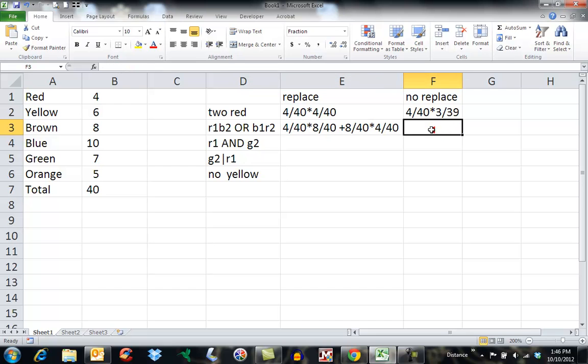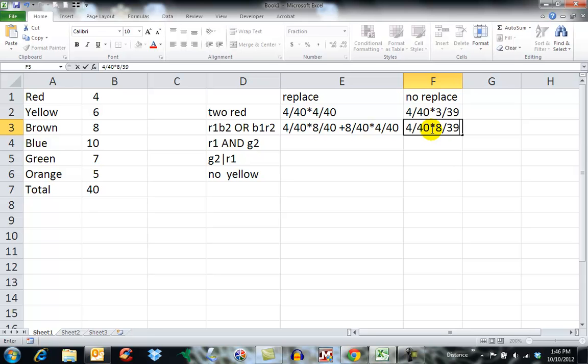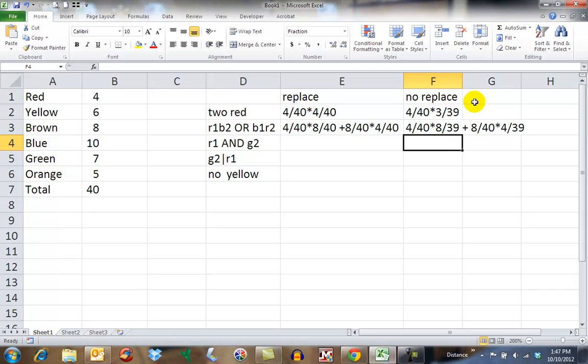Well, when we do the non-replacement, we're going to have 4 out of 40 times 8 out of 39, and then add to that 8 over 40 times 4 over 39. Oops, sorry, yeah, 39, because again, we're not replacing these values. Okay, but we still have all the red ones to go through.